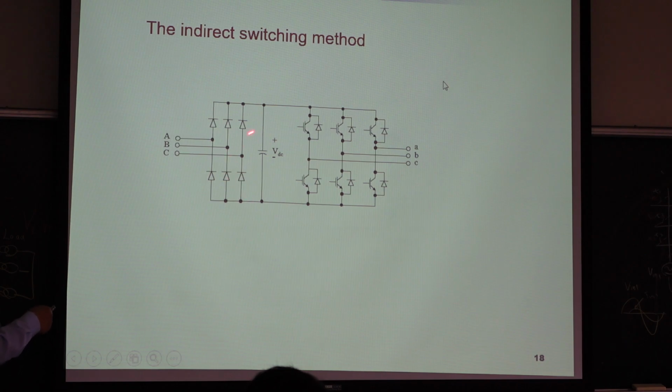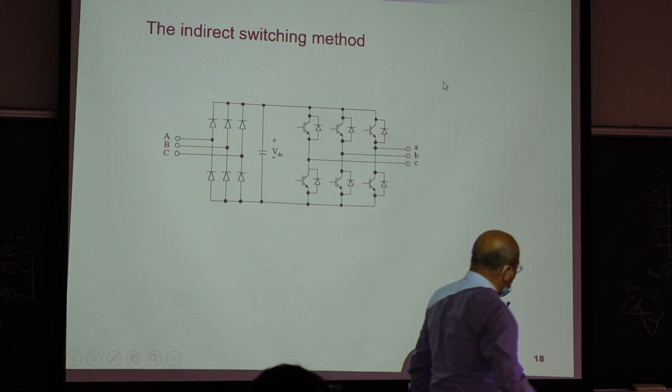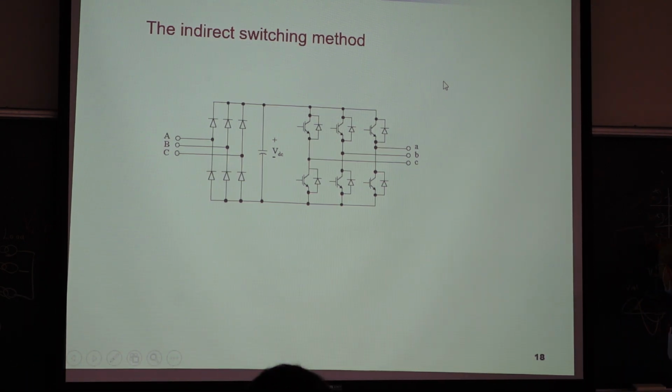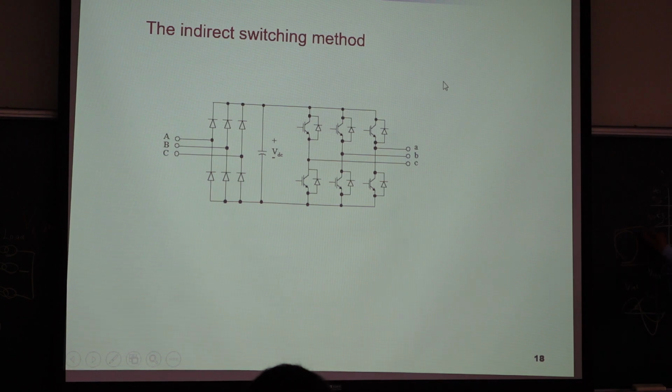So this one has fewer switches than this. However, it needs a huge capacitor. Do you like a huge capacitor? So you have a circuit here. The capacitor is here. Your circuit is here. Do you like this? No. It is huge. And how about the life of the capacitor? 5 years. After 5 years, you have to replace the capacitor.